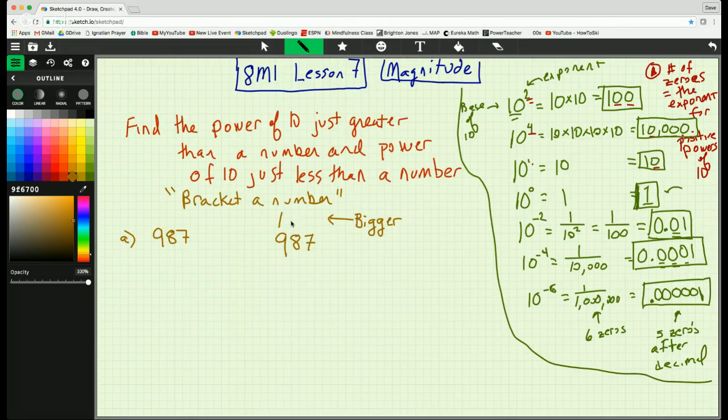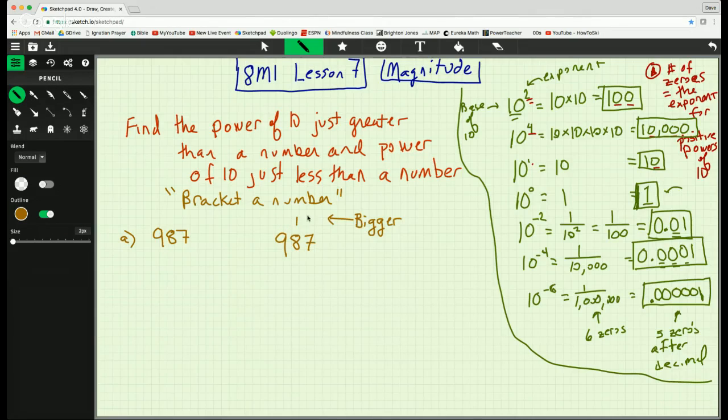No. Is 10 bigger? No. Is 100 bigger? No. So we have to go to 1,000. Yes, 1,000 is bigger. And you end up with a number that has just 1 extra digit than the number you're looking at. That's kind of our key.